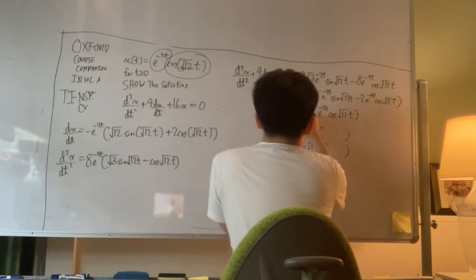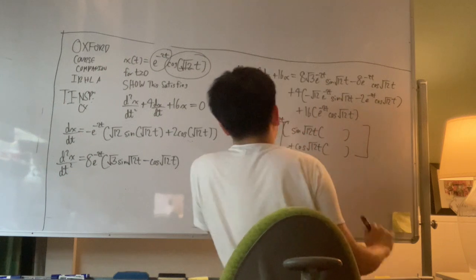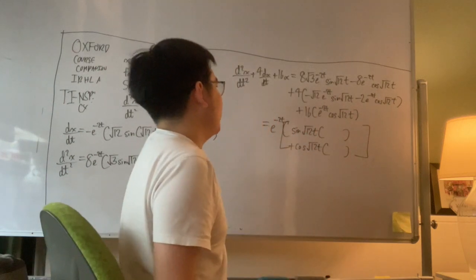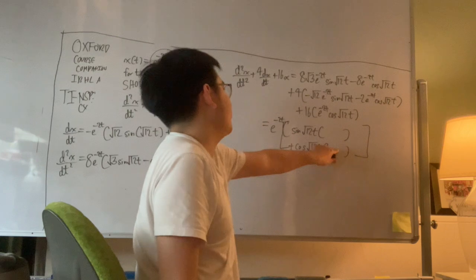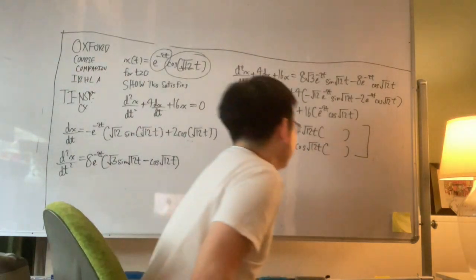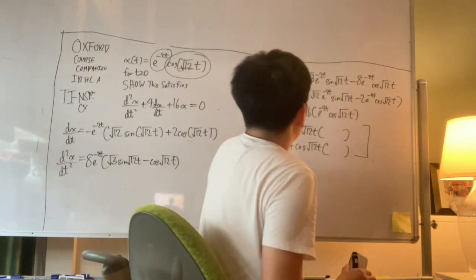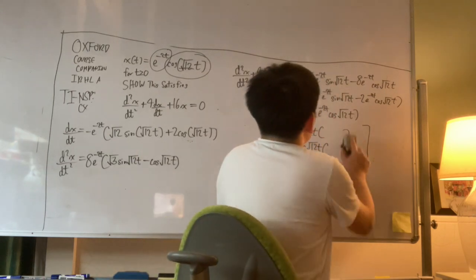We fill in the weights, and this should cancel to 0, this should cancel to 0, so the whole thing becomes 0 in the end. Okay, let's see what we got.